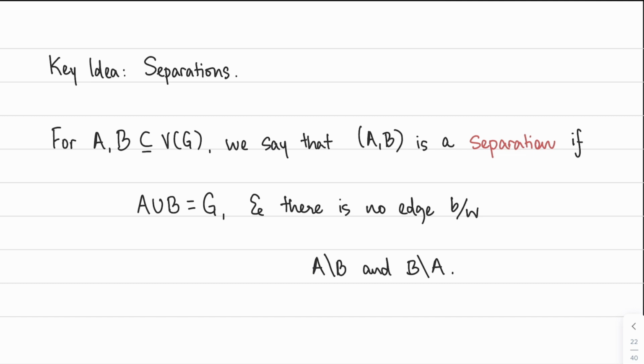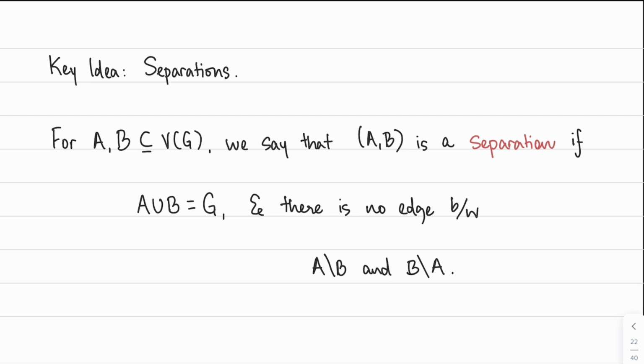And the heart of why these dynamic programming algorithms actually work is really the notion of the separation properties that these path decompositions give you. And as we will see later, this will also be true for tree decompositions. Okay, so let's talk about what these separations are.